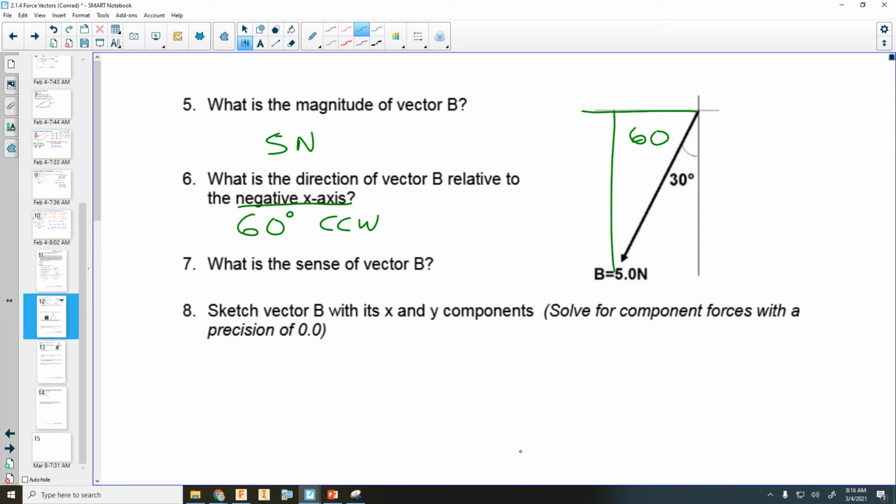Now, what's the sense of B? Down and left. Okay? So sketch vector B with its x and y components. We already know the numbers. What would they be? It's the same triangle.